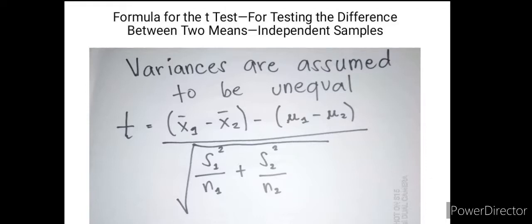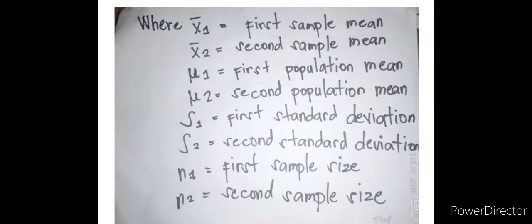Test value equals (x sub 1 minus x sub 2) minus (mu sub 1 minus mu sub 2), divided by the square root of s sub 1 squared over n sub 1 plus s sub 2 squared over n sub 2, where x sub 1 is the first sample mean, x sub 2 is the second sample mean, mu sub 1 is the first population mean, mu sub 2 is the second population mean, s sub 1 is the first standard deviation, s sub 2 is the second standard deviation, n sub 1 is the first sample size, and n sub 2 is the second sample size.